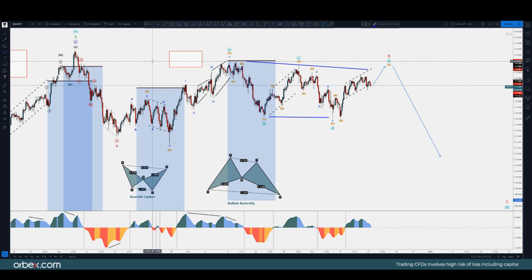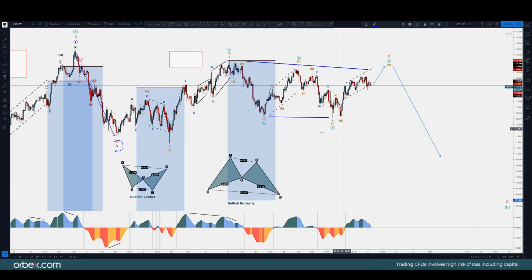The way this has unfolded is with 5 waves on the downside in this minor A, and then the corrective sequence, a complex corrective structure, in wave B minor red, which appears to have a triangular looking pattern.